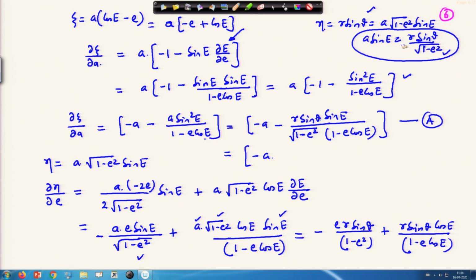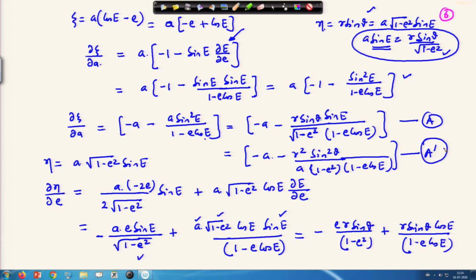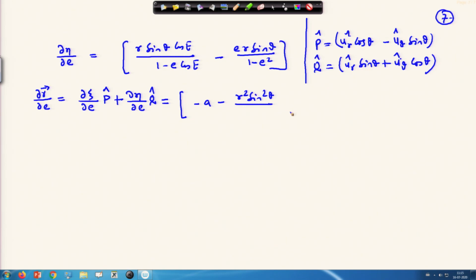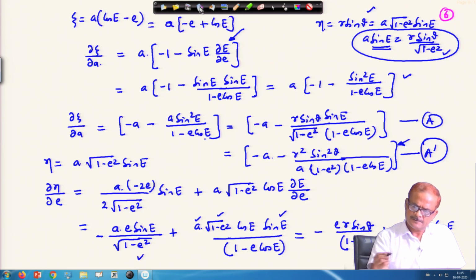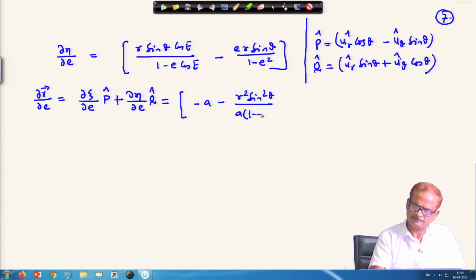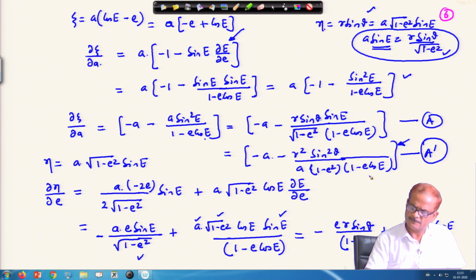This sin E, if you see, we can write as r sin theta over A. So, here this becomes r square sin square theta divided by A times 1 minus E square, times 1 minus E cos E. So, from this equation let us write this as A prime. Okay. So, this equation will be required, either we replace it right in the beginning or later on, but it is required. Okay. So, r square sin theta, A times 1 minus E square, and then 1 minus E cos E.